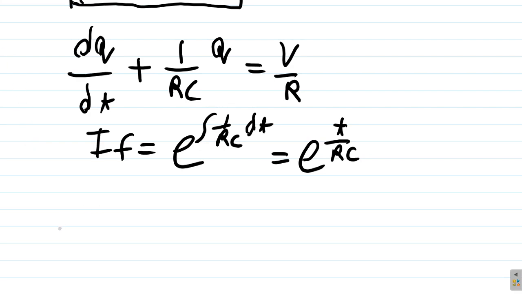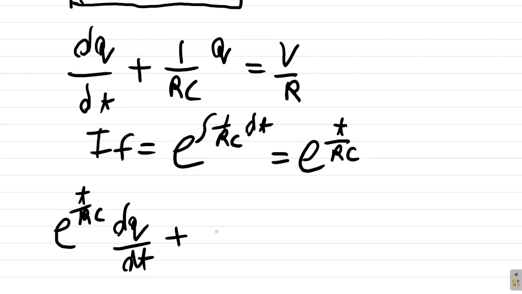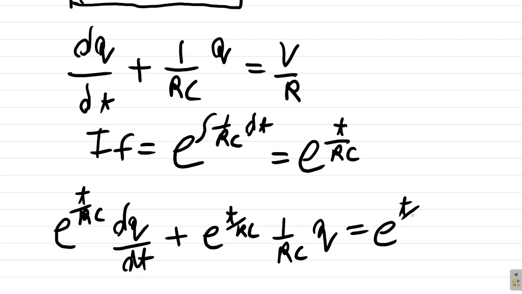So we have e to the t over RC dq by dt plus e to the t over RC times 1 over RC times q equal e to the t over RC times V over R. So there you go with that.